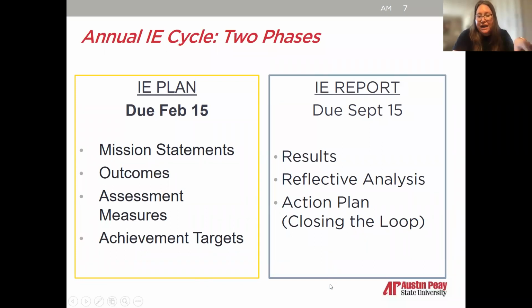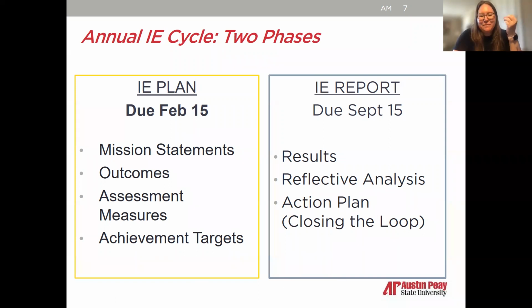And then you use that to do your report in September. And that includes the results, the reflective analysis, and the action plan, which is basically closing the loop. So we really want these two phases to inform one another. So you will be receiving feedback from the IE committee before the end of the semester.